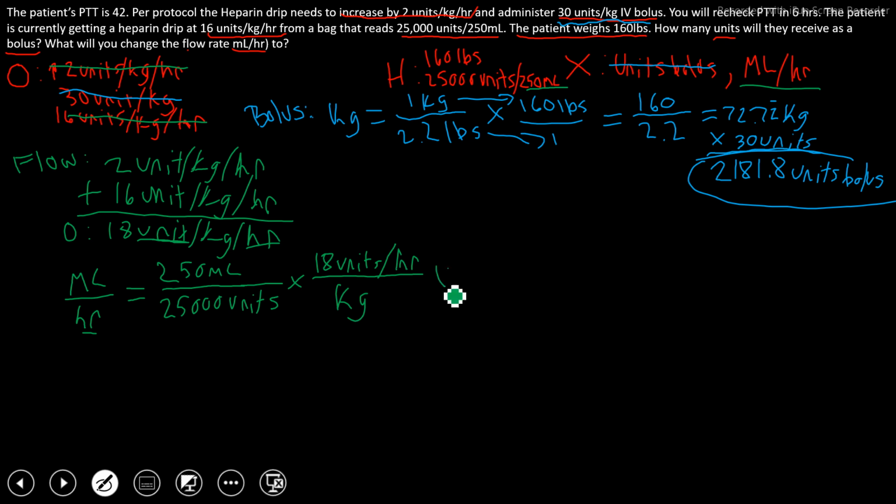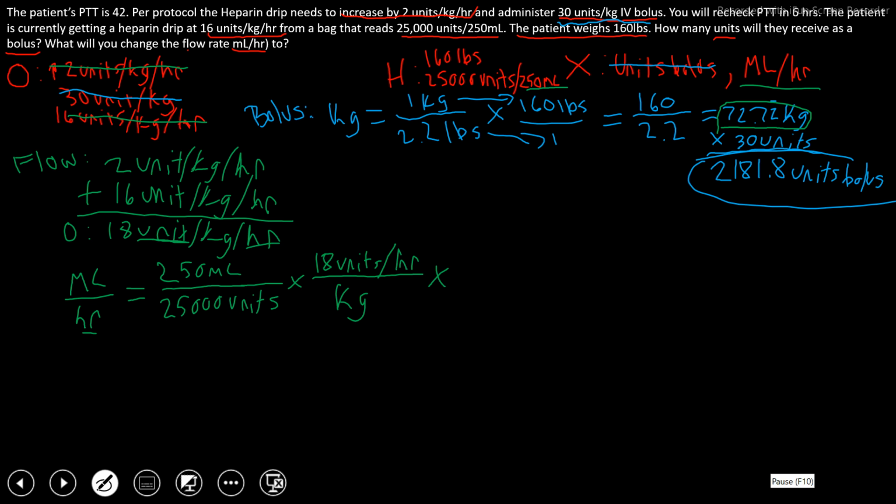So now we need to find some weight. There's 2 ways you could go about this. You could go up here and see, okay, we already converted his weight into kg here, and we could just use that, and we would put it over 1, and then we would multiply across like we usually do.